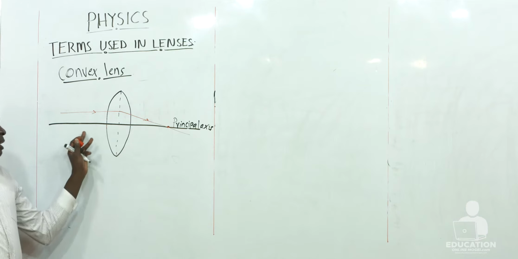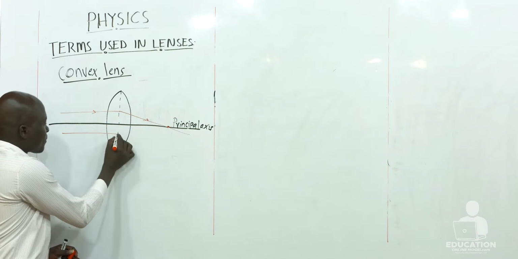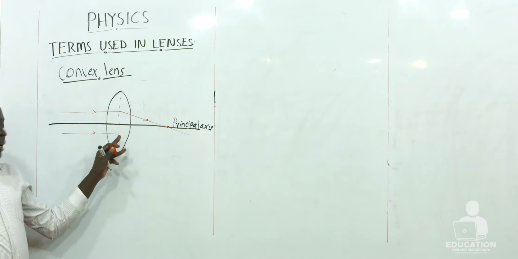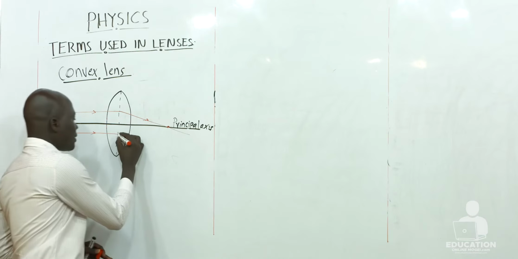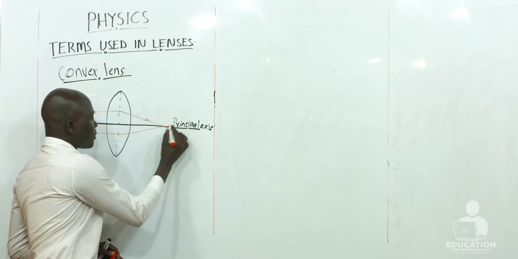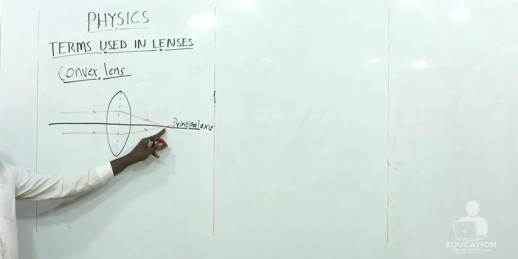Then if we have another ray, still close and parallel to the principal axis, after encountering the lens it will also be refracted through the principal focus.